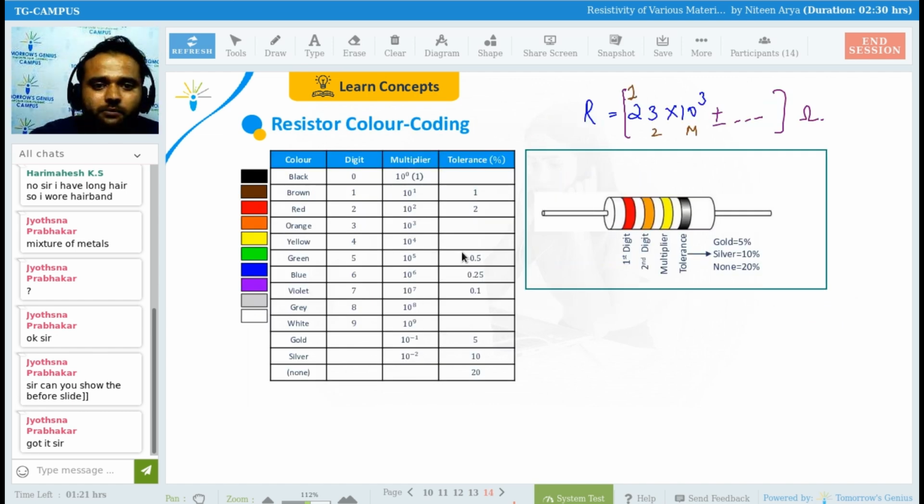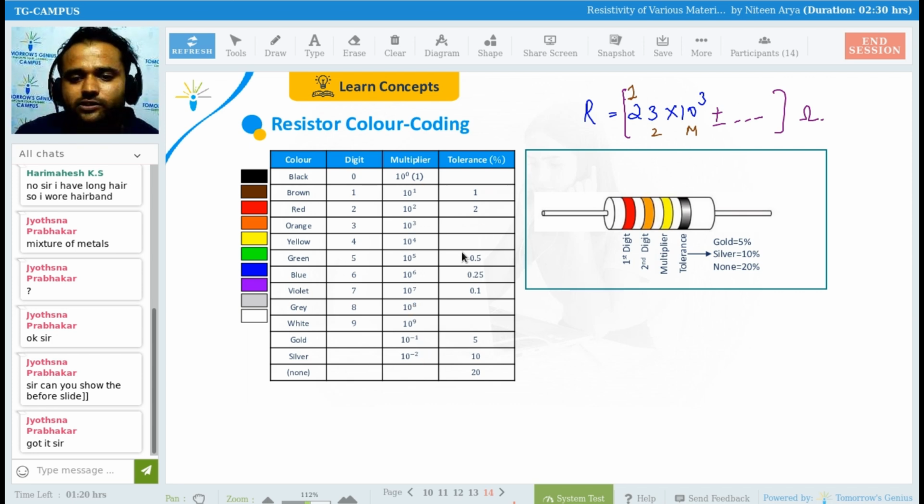This we already did, but again: black, brown, red, orange, yellow. BB Roy has a Great Britain wife wearing a gold silver necklace. Black stands for 0, brown for 1, red for 2, orange for 3, yellow for 4, green for 5. Digits start from 0, and the multiplier is 10 to the power 0, which is 1, then 10 to the power 1, 10 to the power 2, 10 to the power 3, 10 to the power 4, and so on.